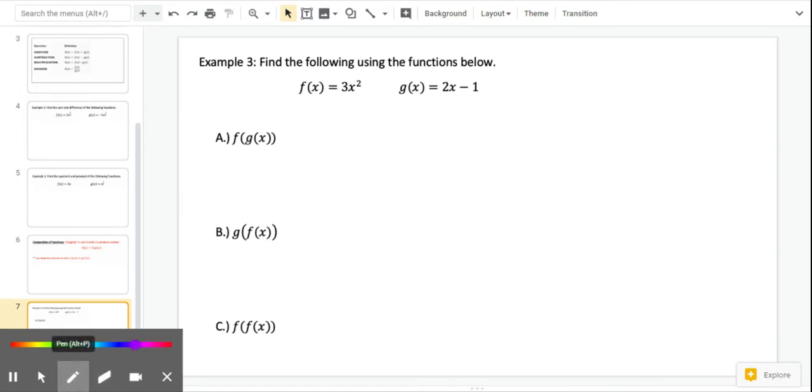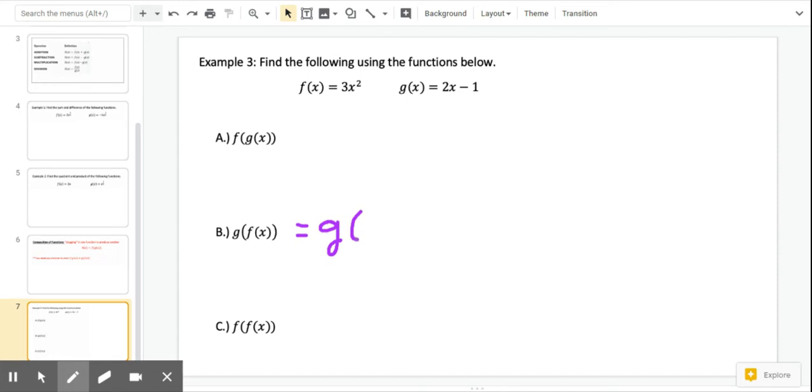All right, so the next one we're finding g of f of x. So this time we're taking the function g and we're going to plug in 3x squared for x. So g of f of x is g of 3x squared. Right now all I did was I took what f of x is equal to and I replaced it right here.